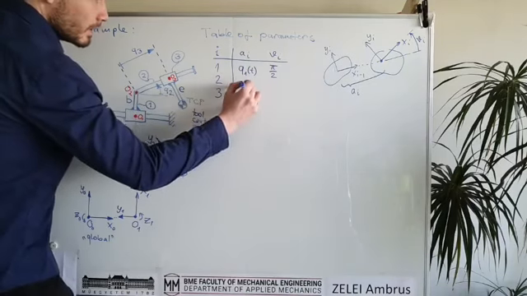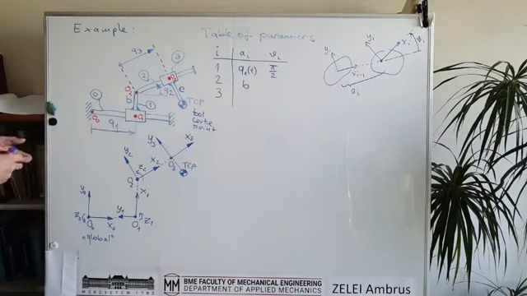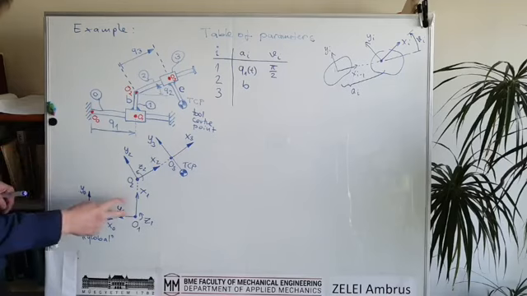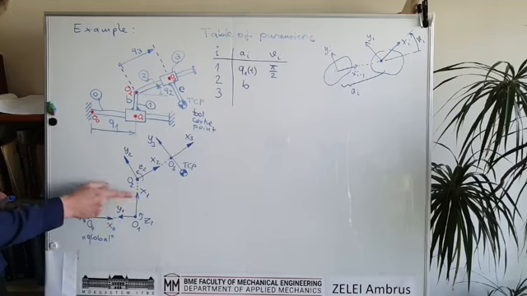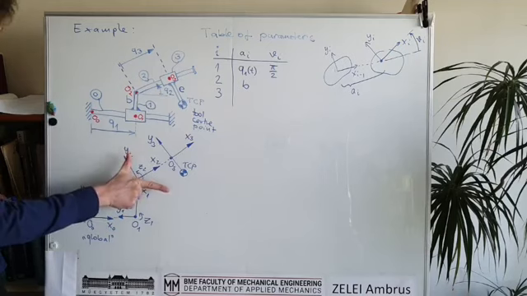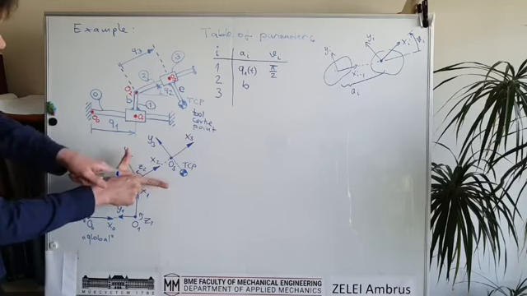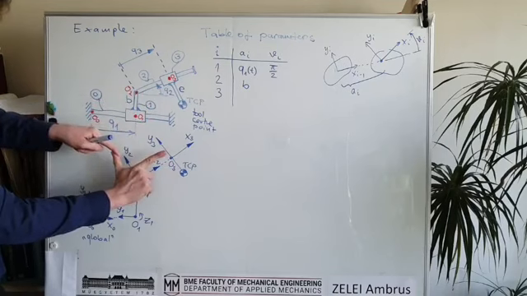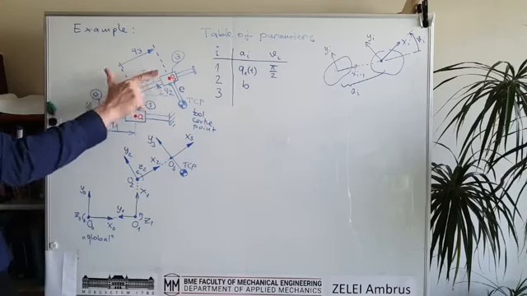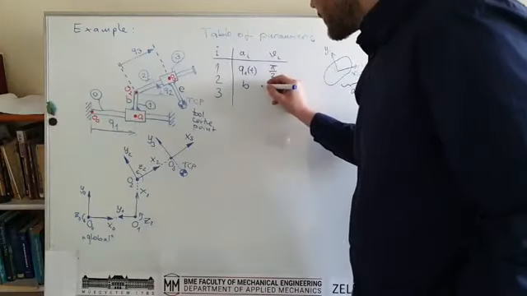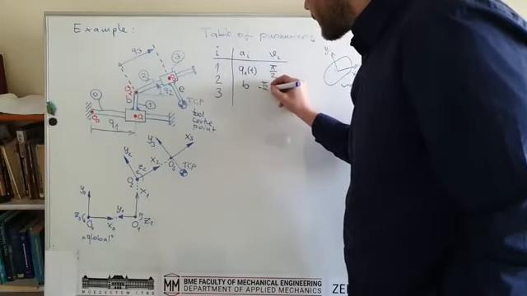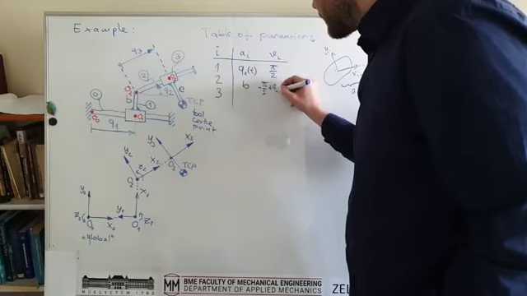And then there is also a rotation, but as you can see, first we have rotated back to this horizontal direction, the x-axis, and then with Q2 we can rotate to an arbitrary position. So this is minus pi over 2 plus Q2.